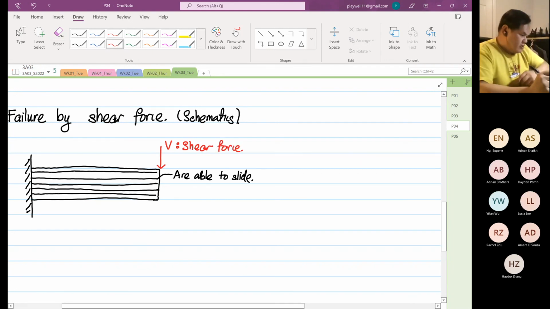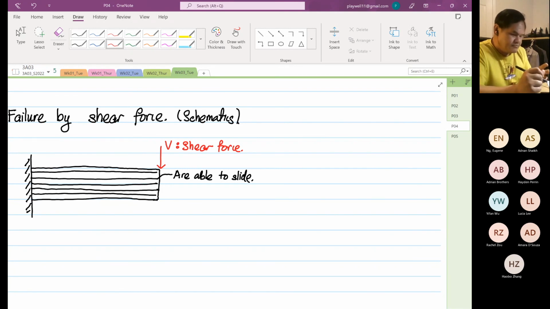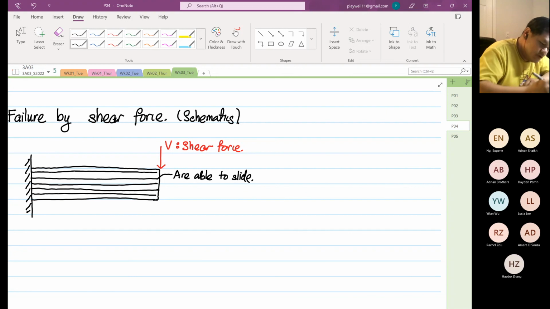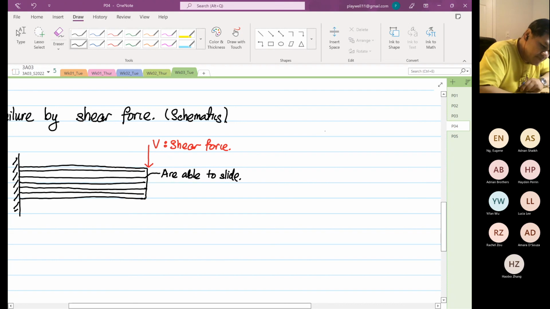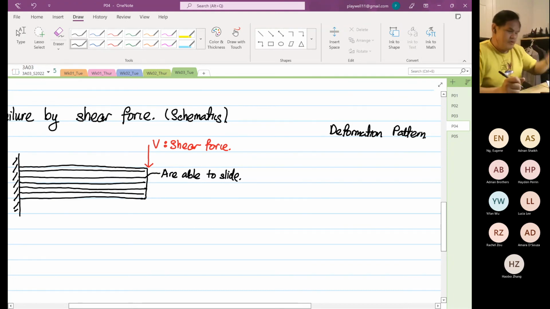Right. So when the shear force is applied, the next part I'm going to do is the deformation pattern. The next one exactly on the side is the deformation pattern. And you guys know how it will deform.